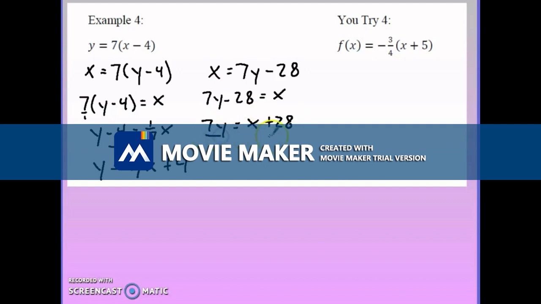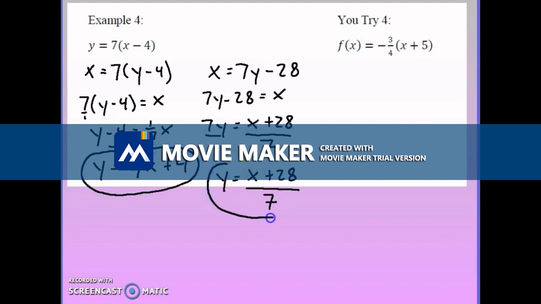And then divide both sides by 7. So you end up with x plus 28 over 7. Now these two are the same. I think this is easier, but this one is also correct.